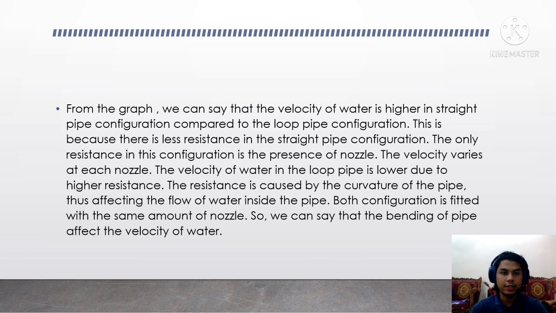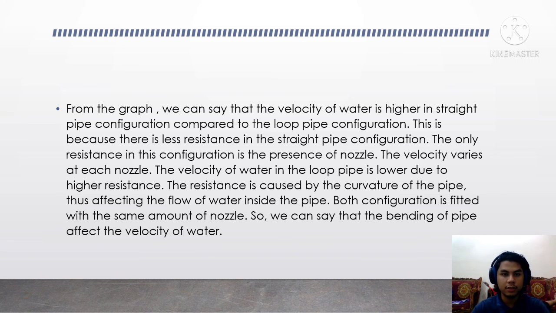From the graph, we can say that the velocity of water is higher in straight pipe configurations compared to the loop pipe configurations. This is because there is less resistance in the straight pipe configurations. The only resistance in this configuration is the presence of nozzle. The velocity varies at each nozzle.